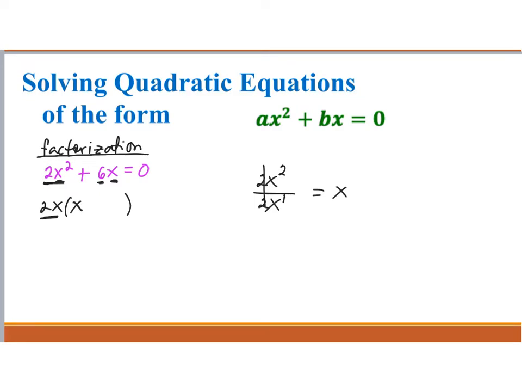Then let's divide 6x by the common factor 2x. x cancels out, and 6 divided by 2 is 3. So we have a 3 here. And because this is a plus sign over here, we are going to have a plus sign here. And then let's just copy the equals 0.